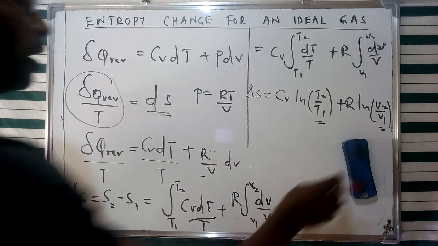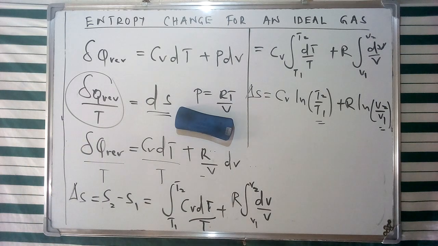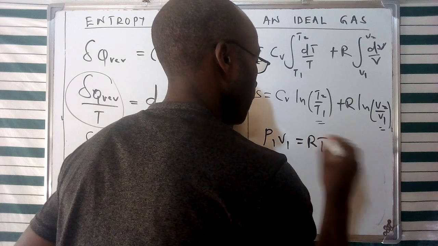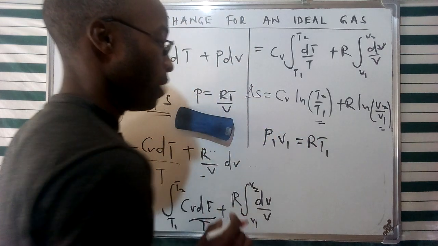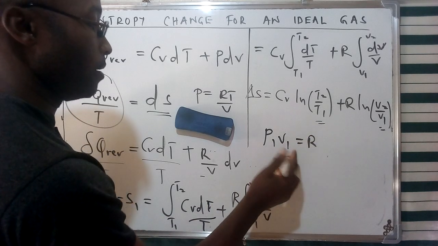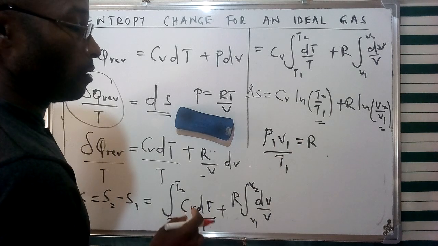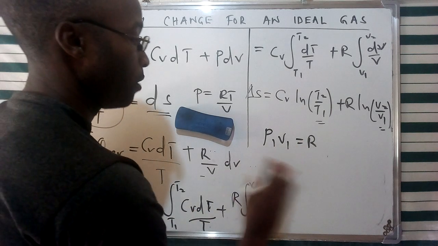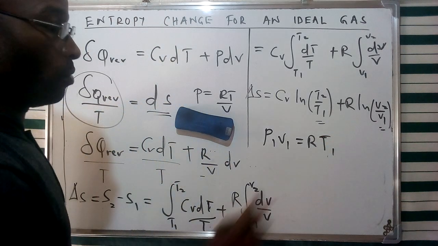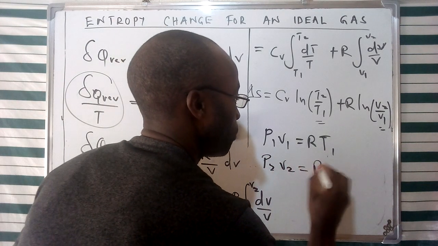And therefore we can give various variations of this formula, especially if we consider the case of the ideal gas equation, where P1 V1 over T1 gives us a constant, which is R. So we have P1 V1 equals R T1, and P2 V2 equals R T2.